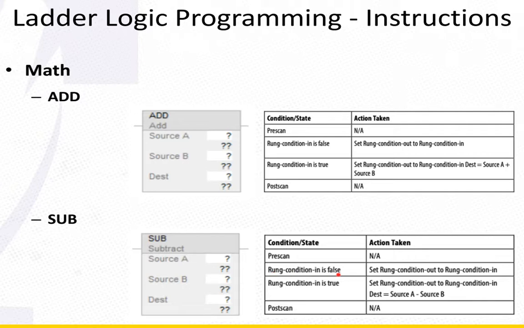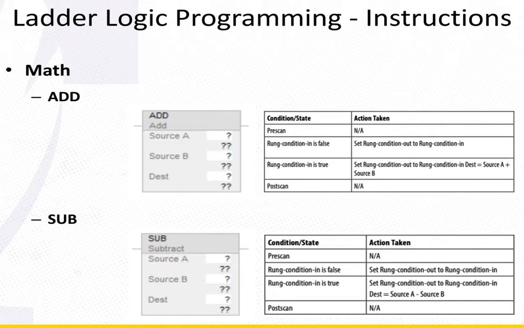When the rung in condition is false, the rung out condition is set to false as well, and that's all that happens. It doesn't do any of the addition or subtraction for either of these instructions. However, if the rung in condition is true for the subtract instruction, then it's going to subtract source B from source A. So source A minus source B, and that is stored in the destination.